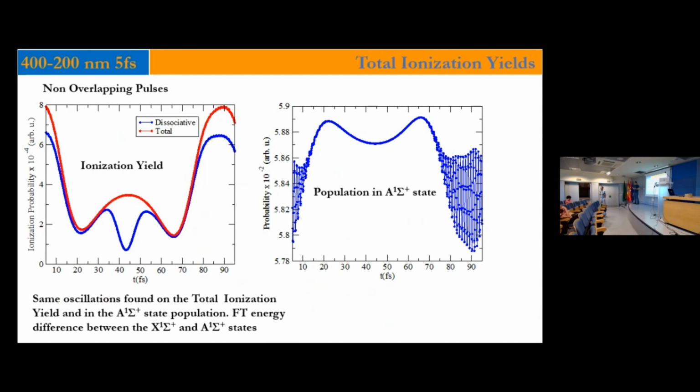Just to know the background, in the ground state you have simulated the one ground state. When you pump and probe, you follow the evolution of the wave packet.